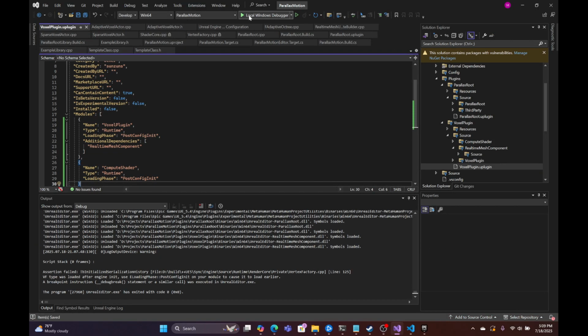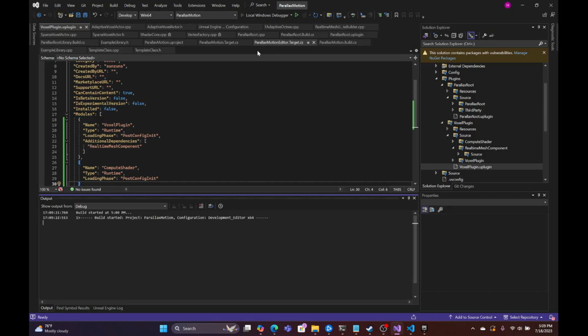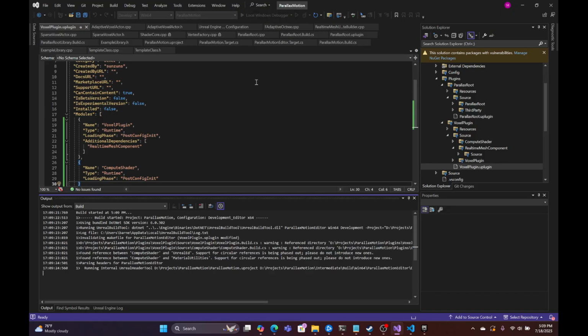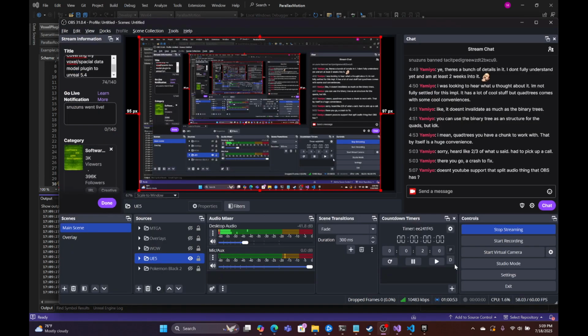Let's see if this fixes the meshing, because that would definitely cause problems if I didn't have the dependency loaded. Maybe.